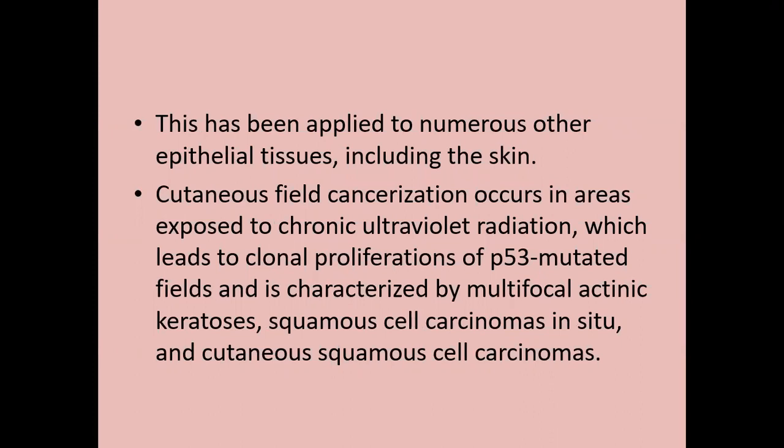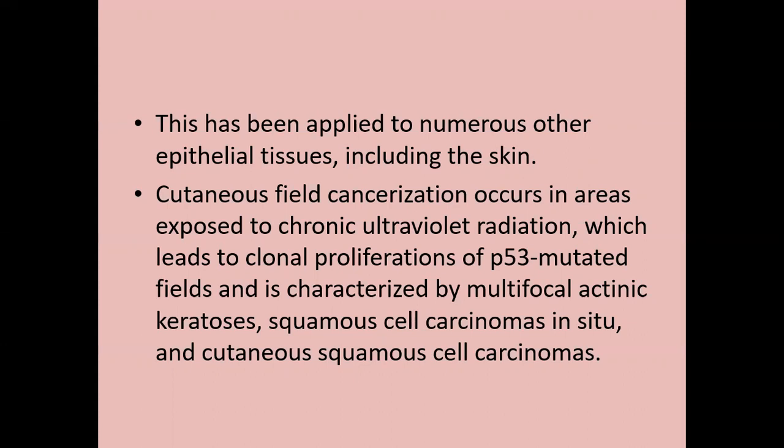This phenomenon of field cancerization is applicable to numerous other epithelial tumors, including those of skin. So the cutaneous field cancerization is our concern, which occurs mainly in areas exposed to ultraviolet radiation. That is the exposed areas.